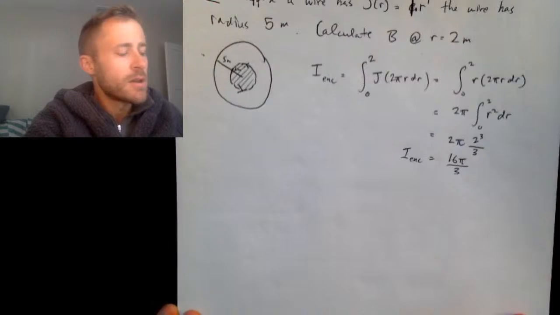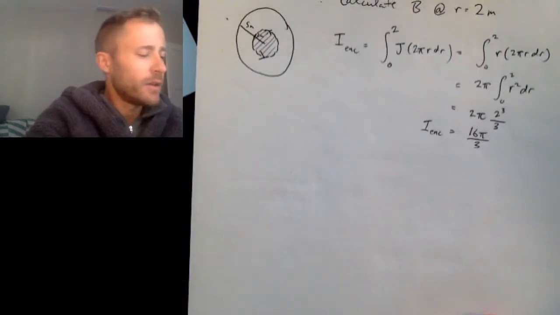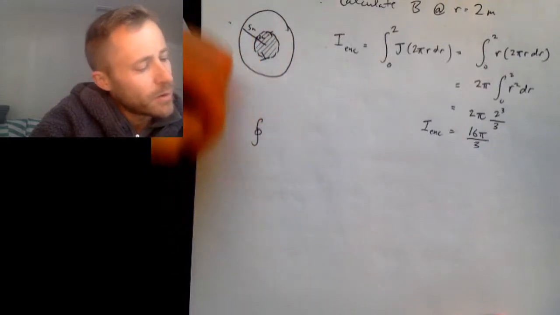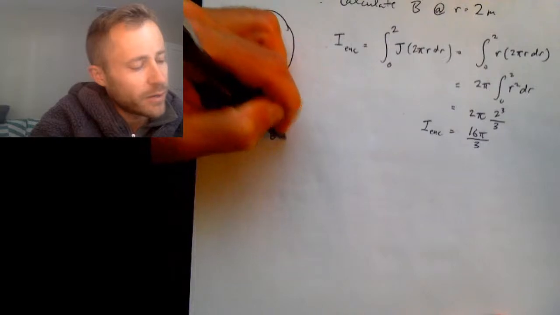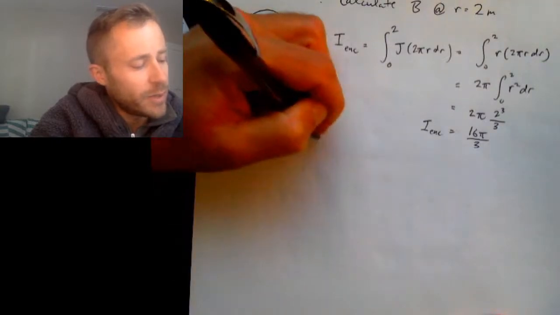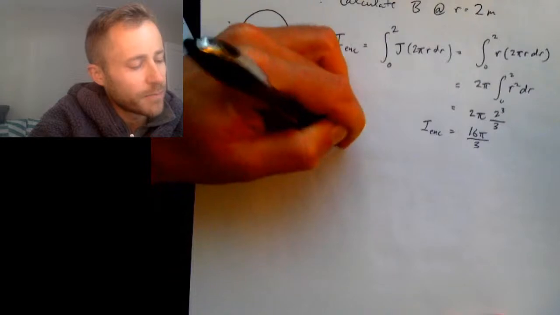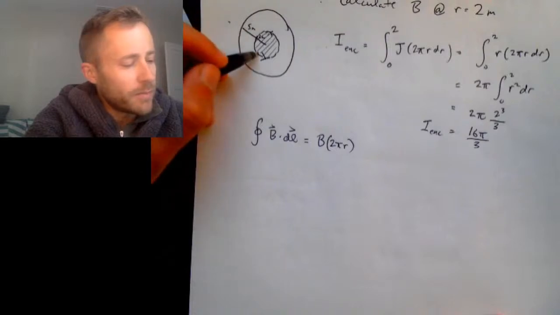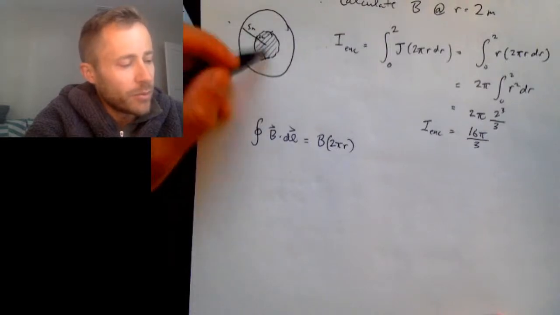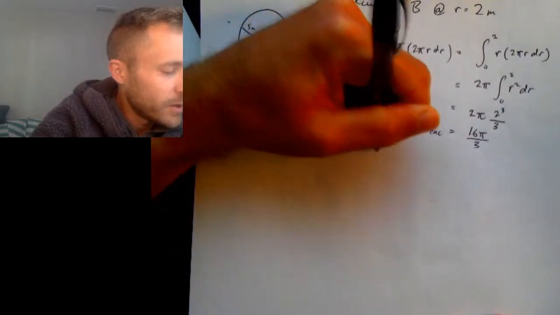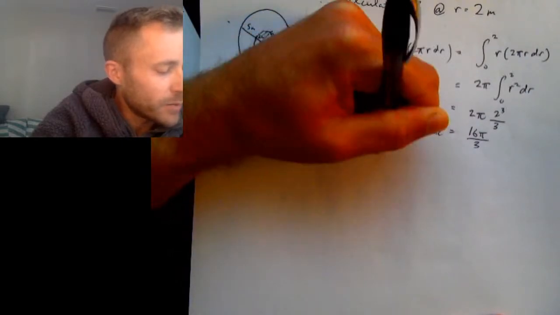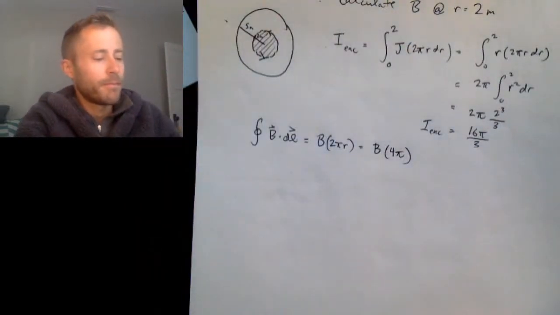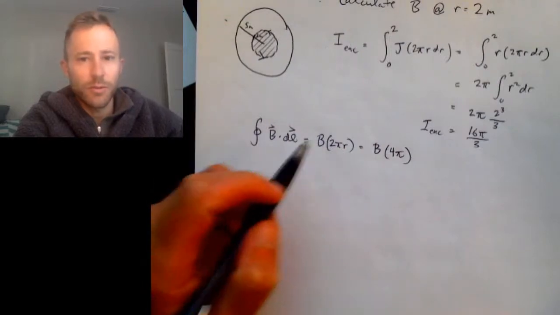Then, if I look at the integral of B dot dl, well, that's going to be B times 2 pi r, where r is the radius of the Amperian loop, which is 2 meters. So I have B times 4 pi, right? Because r is 2, so 2 times 2 is 4 pi.